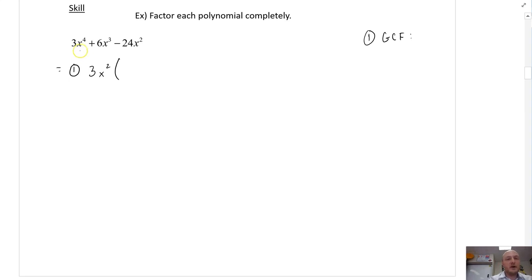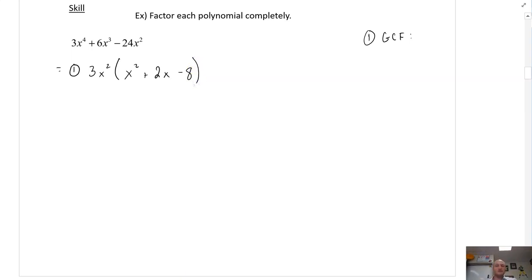All right, well, what's left behind? So I divide 3x to the 4th by 3x squared, and I have x squared left behind. I'm going to divide my middle term, 3x cubed, by 3x squared, and that would be 2x. And I'm going to divide my third term, negative 24, by 3x squared, and that would be negative 8.